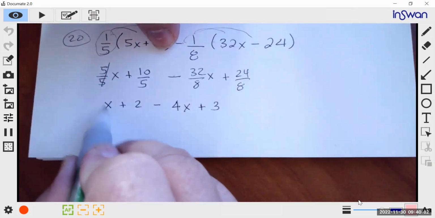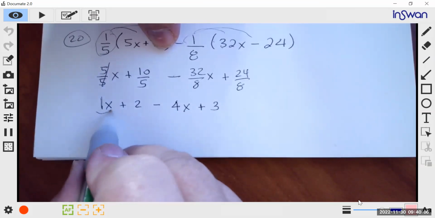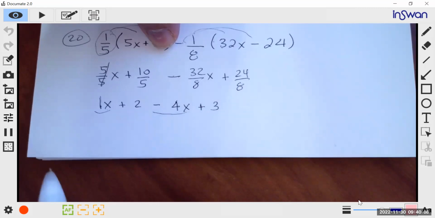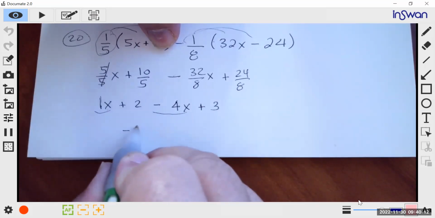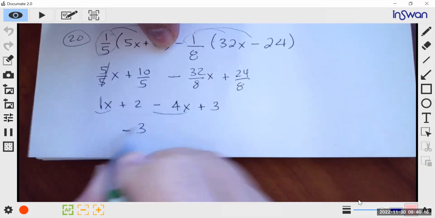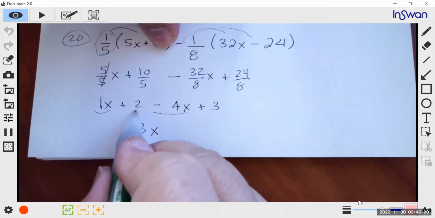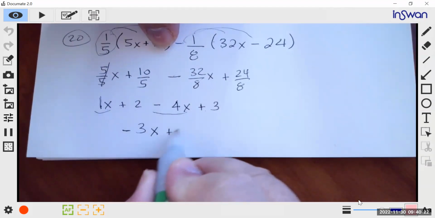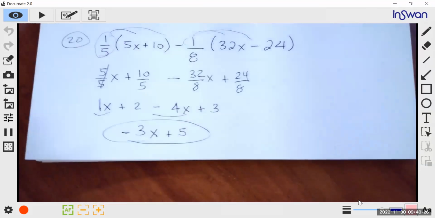So this x has a positive 1 in front of it. So positive 1 minus 4 is very good. Yeah, since 4 is bigger, the answer is negative. 4 minus 1 is 3x. 2 plus 3, they're both positive, so we add them. There's your answer.